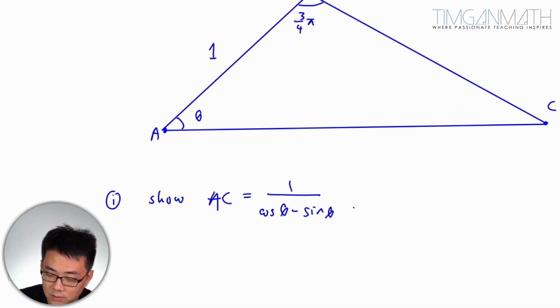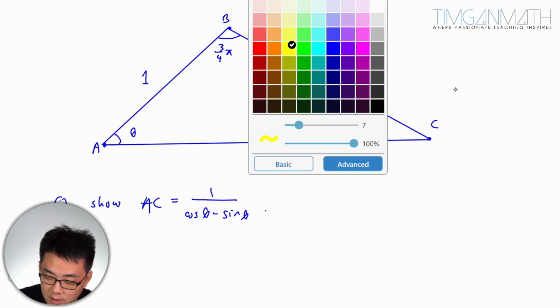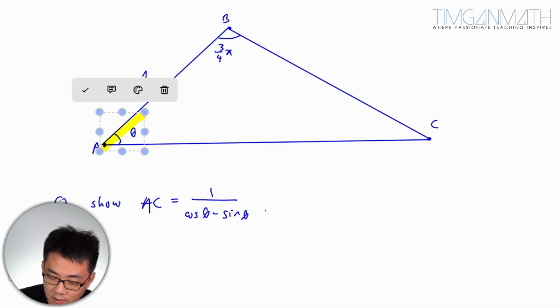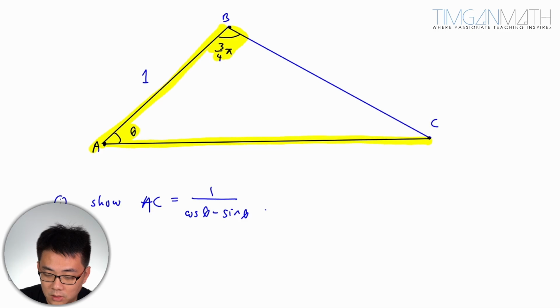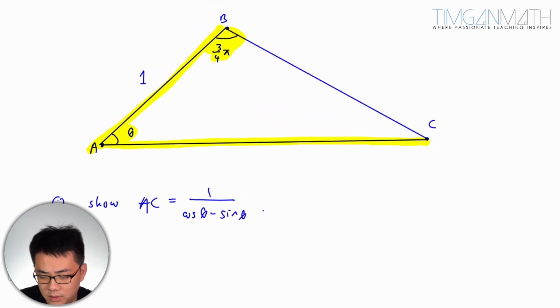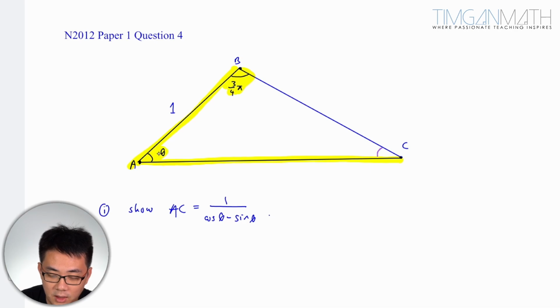So the first thing is we try and understand how many lengths are involved. Usually what I'll tell students is this is AC, right? This is the length here. We are given two angles and we have another length here. So very conveniently we could relate them by using sine rule, because we have two angles and two lengths involved.